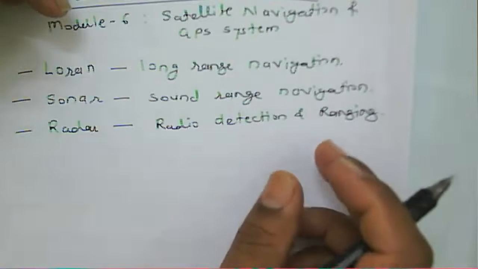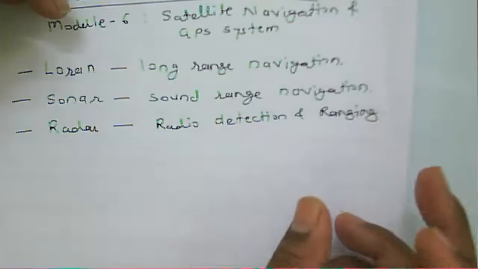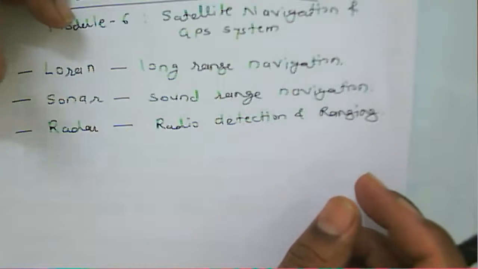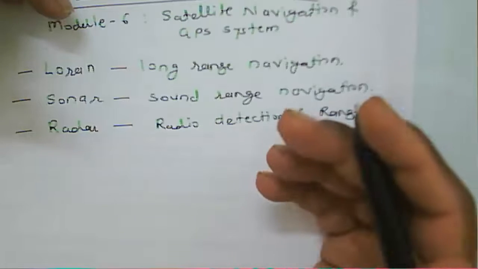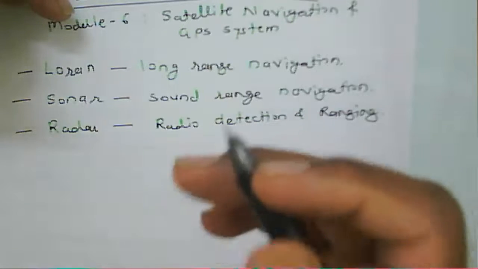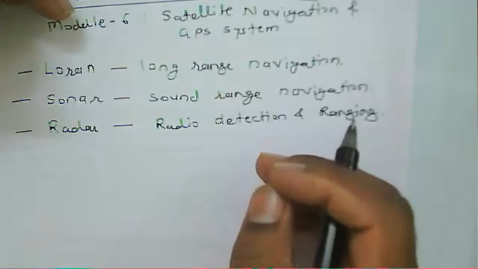Now, in the case of satellite navigation, the satellite is moving around the Earth, and we need to find out our own position or location using the satellite navigation system.